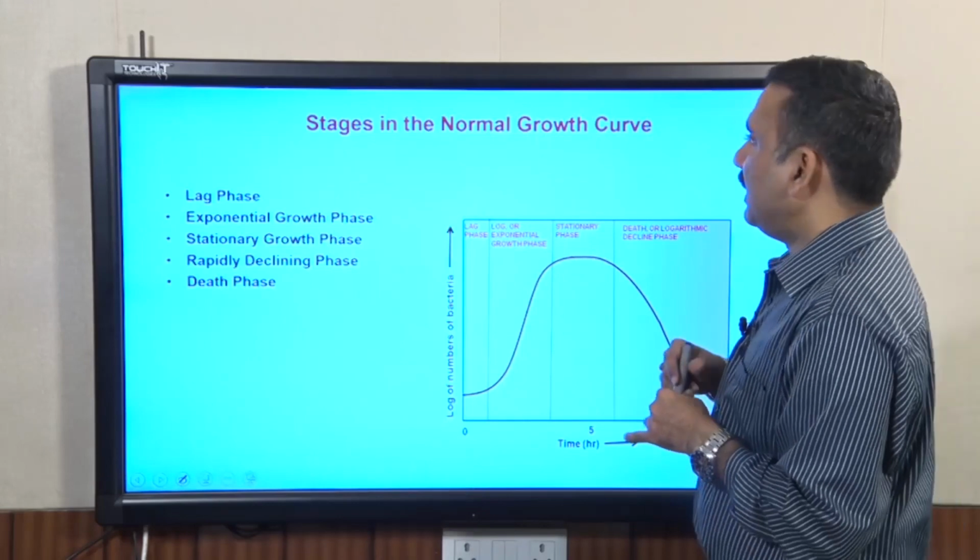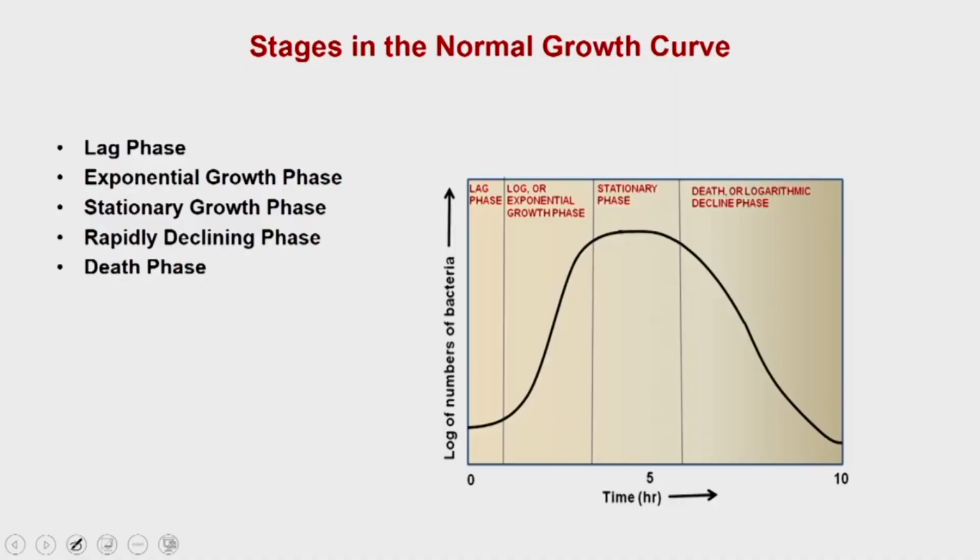So, what are these phases? As you can see in this particular graph, the first one is called the lag phase, the other one is called the exponential growth phase, also called the log phase. Then you have the stationary growth phase, then the rapidly declining phase, and then the death phase.